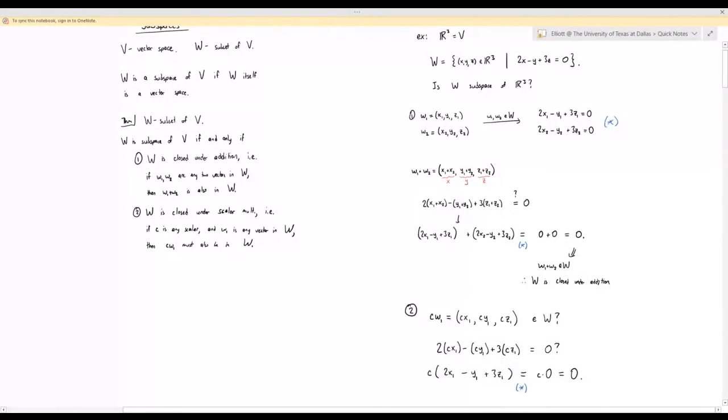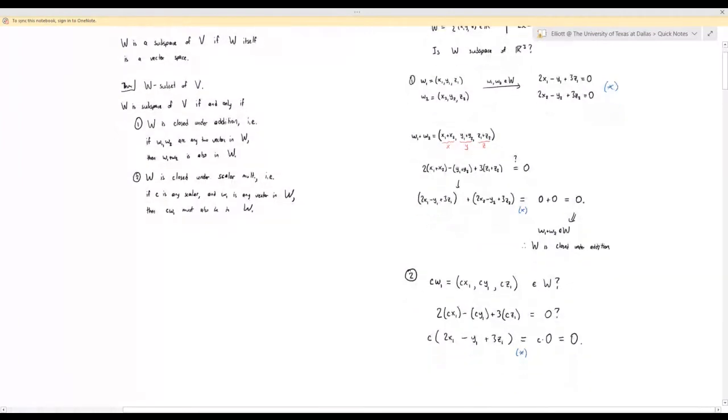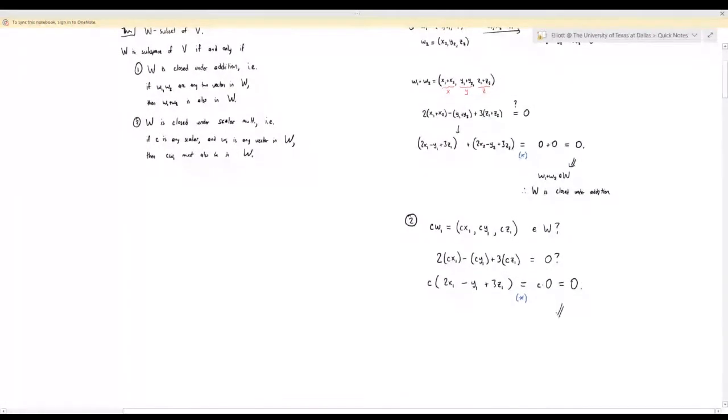So this shows us that any scalar multiple of a vector in W is also going to be in W, since it satisfies the defining equation. And therefore, you can conclude that W is also closed under scalar multiplication.